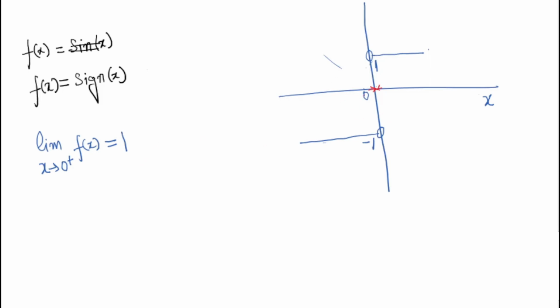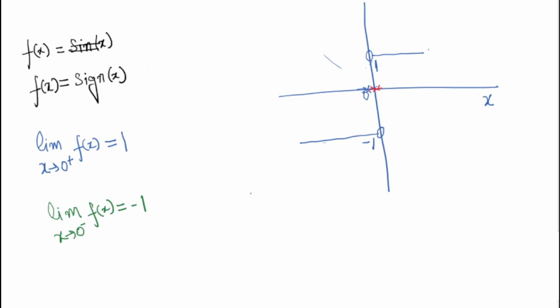And if we go slightly to the negative, we will have the other limit. This is the left hand limit: x tends to 0 minus, f(x) is equal to -1.